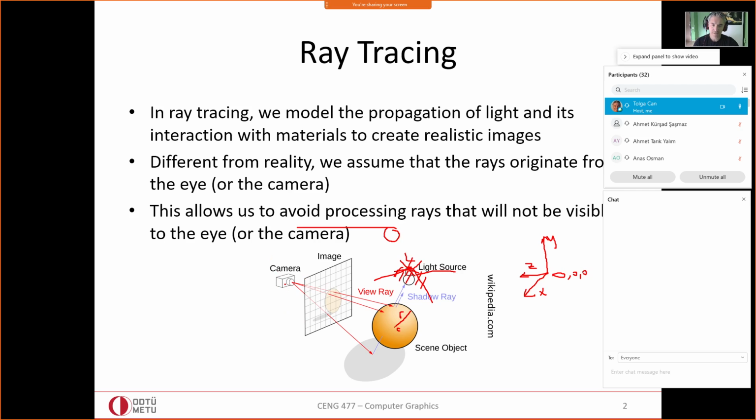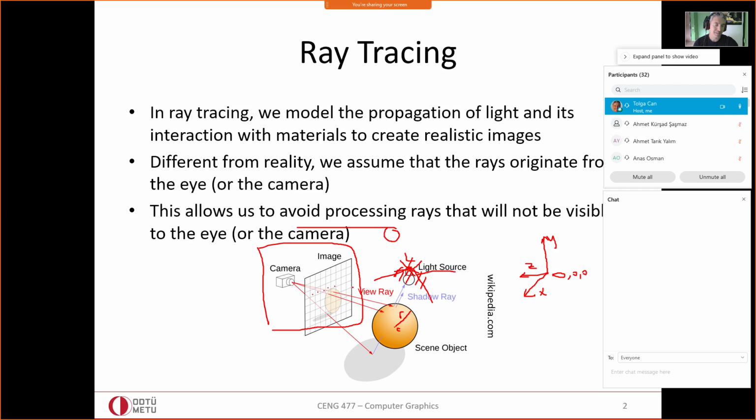Actually, this picture is a little bit misleading because this entire thing here will be considered as the camera, because this image here that is in front of the camera is the image plane of the camera, and we are going to be generating images on the pixels on this image plane, which has a certain boundary, left boundary, right boundary.